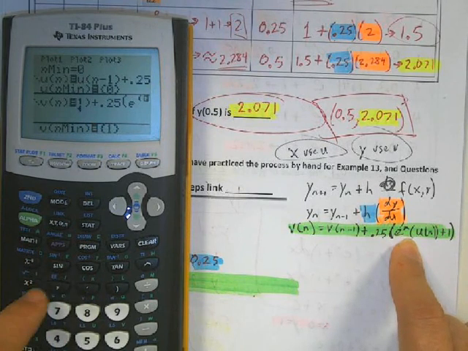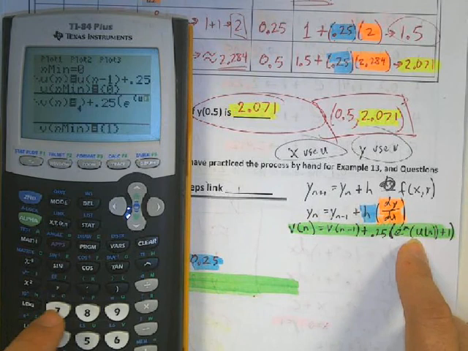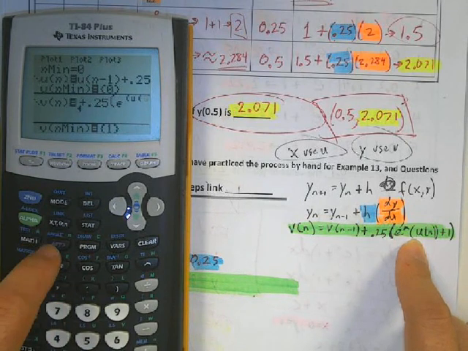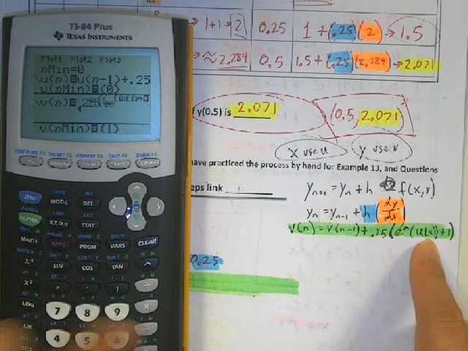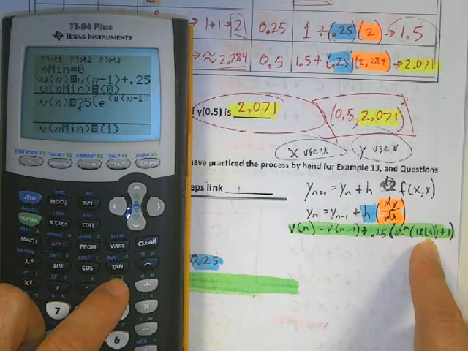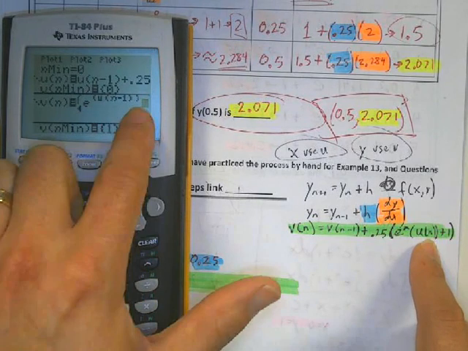To get u, you do second 7, and that gets me my u. And then parentheses n. To get the n, I have to hit the x,t,theta,n button. And oh, that should be n minus 1. Minus 1. Close parentheses. Close parentheses. I'm going to arrow forward so I'm not in the power anymore, and plus 1.